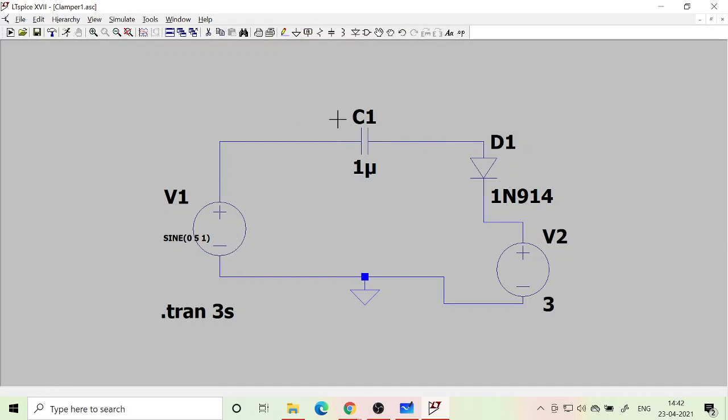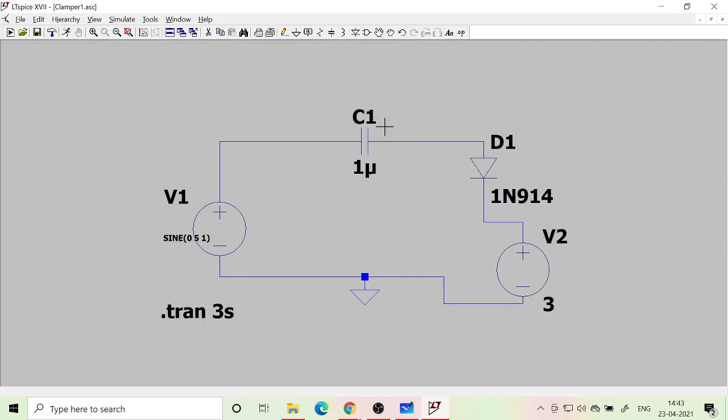So whatever is the difference in the two sides, that is the voltage to which the capacitor will get charged, with a plus on the left side and minus on the right side. Okay, maybe if it is 0.7 here, maybe 1.3 volt it will get charged. If it is 0.6, 1.4 will be the voltage across the capacitor.